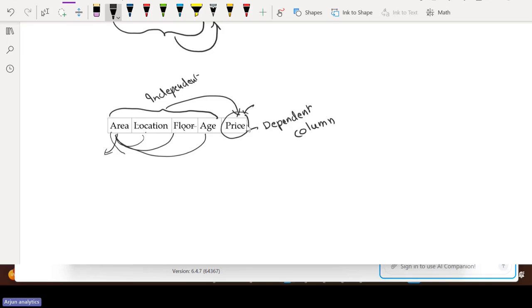This part is called as dependent, and this is independent, so we know that there is some relationship between them. What is that relationship? It is called regression analysis. There is a term called regression problem statement, guys. What is the regression problem statement?